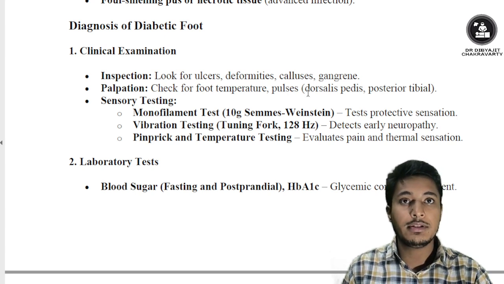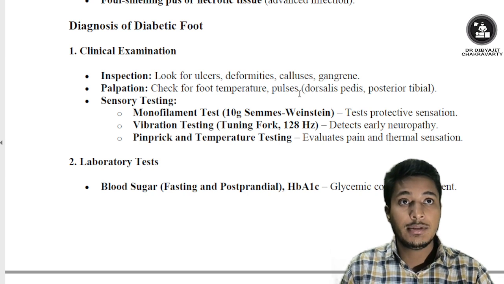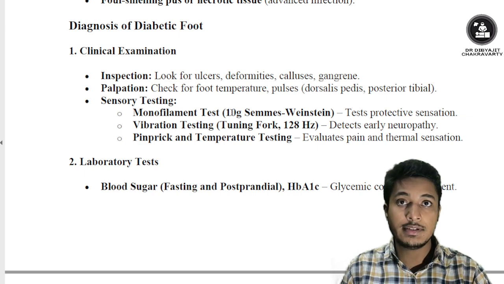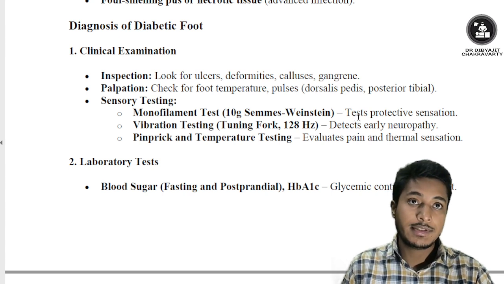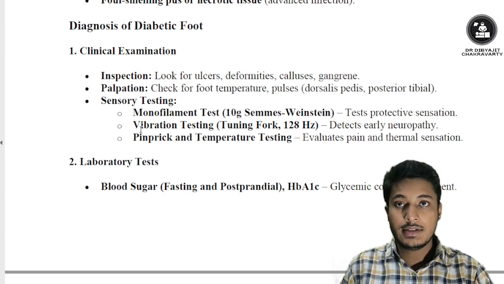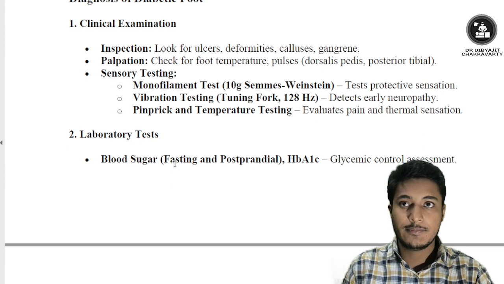Also, we have to feel for the pulses, that is dorsalis pedis or posterior tibial and other pulses also. Sensory testing includes monofilament testing with a 10 gram monofilament, which we'll be discussing later on. Some other tests being the vibration test with a 128 Hz tuning fork, and pinprick and temperature testing.